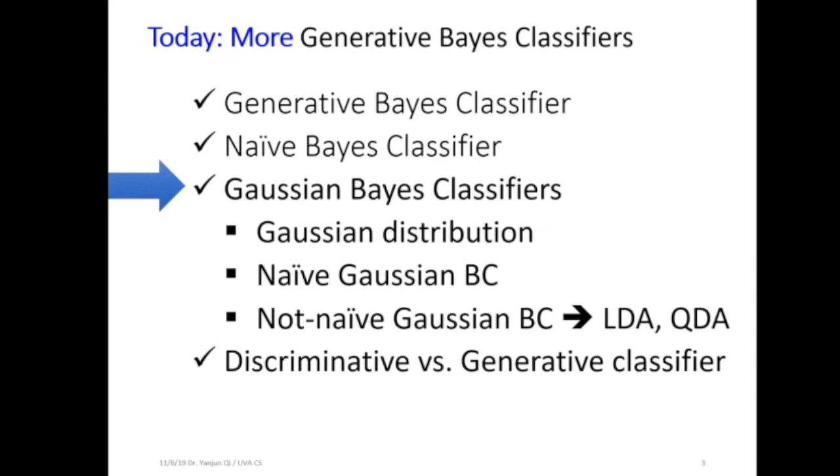Then by the end, I'm going to discuss a little bit about comparing discriminative classifier versus generative classifier. So at what situation discriminative classifier works better and why it works better. At what other situations generative classifier works better and why better.